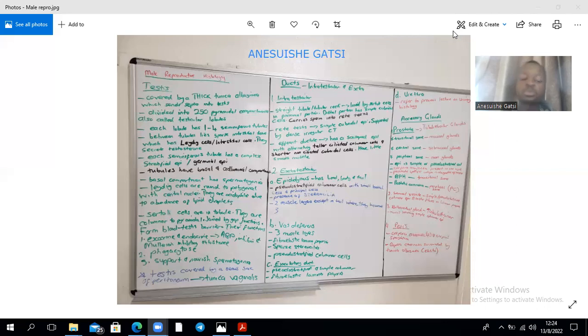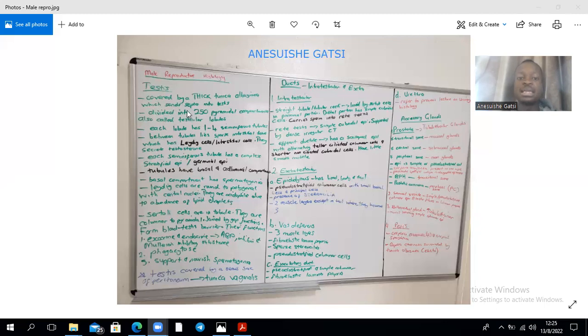So the testis is what we're going to describe first. Structure-wise, the testis has a very thick tunica albuginea, which is basically the capsule, and it sends septa into the testis and divides it into 250 pyramidal compartments, which we call testicular lobules.